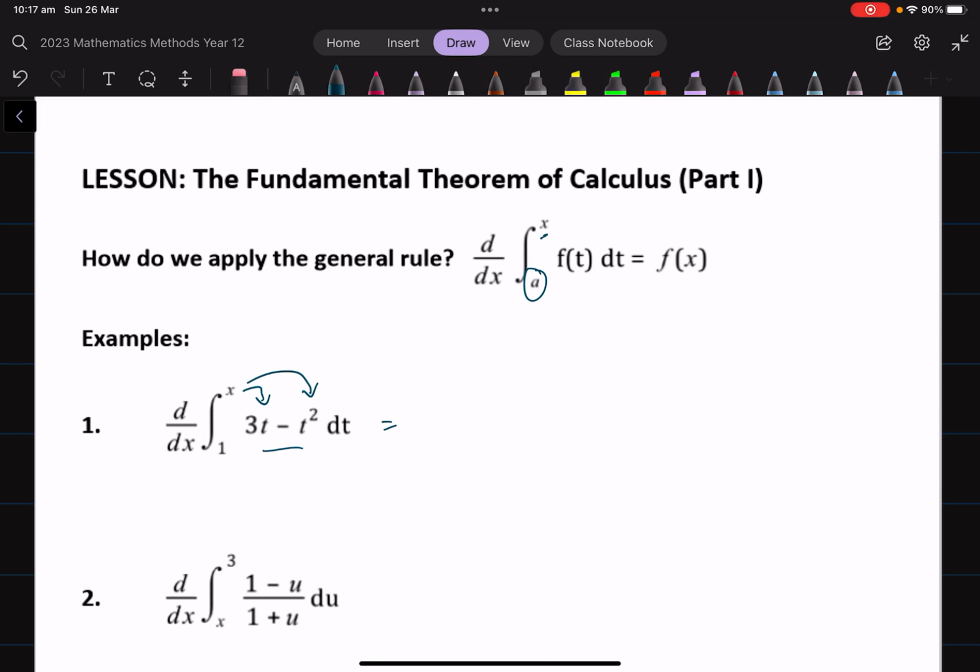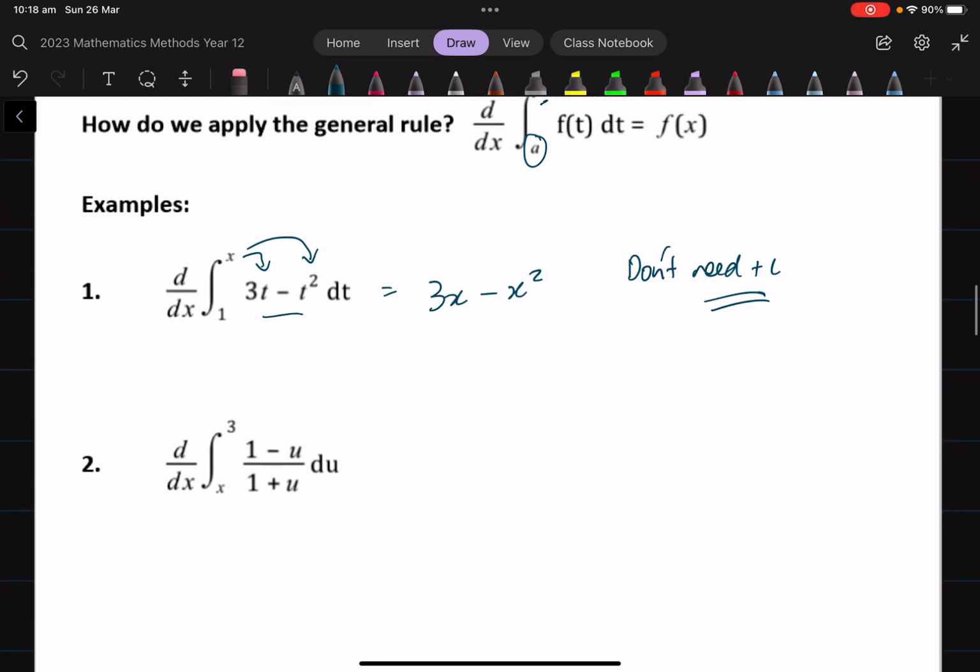So this first one is just going to be, instead of 3t, 3x minus x squared. We don't need the plus c because it's a definite integral still, and when we're differentiating, the constant will go away. So that's why we don't need the plus c.